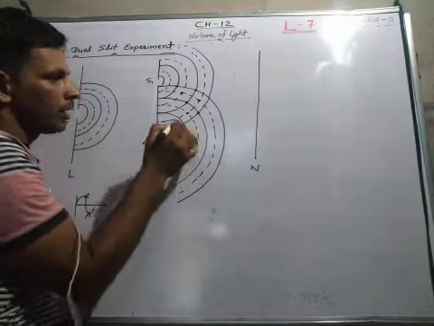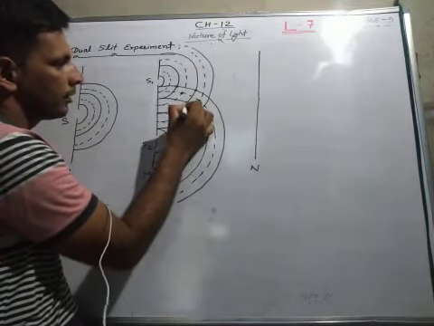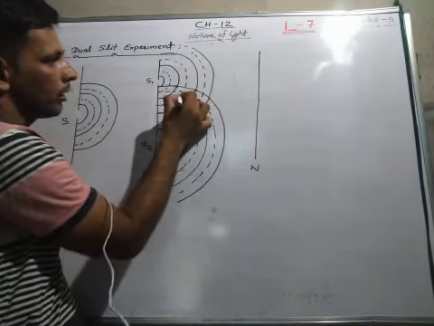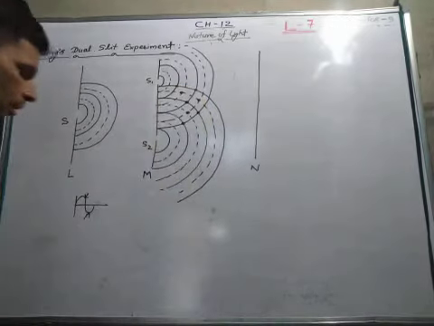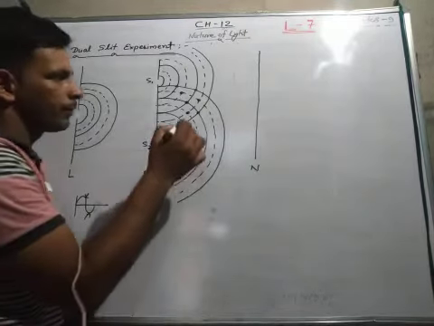These points are shown at crest to crest and trough to trough.